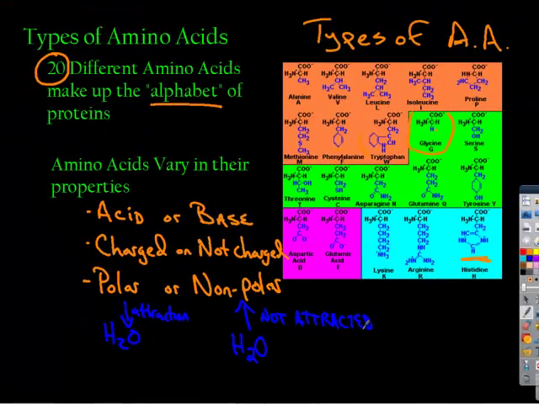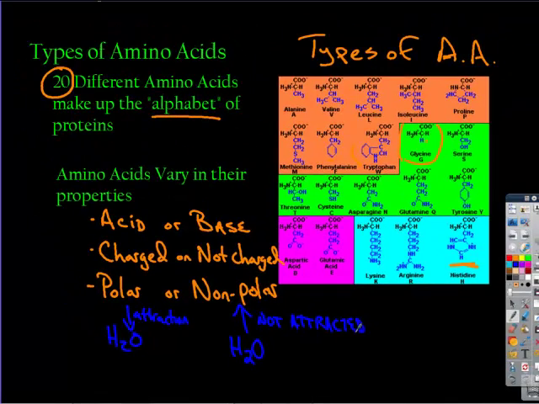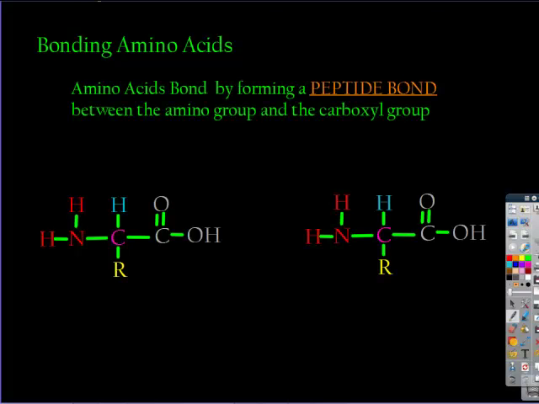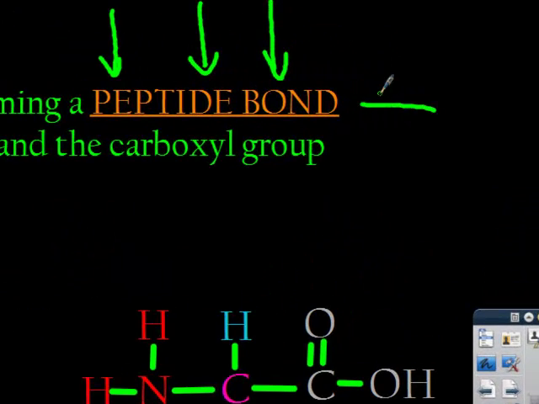Now, if we're going to have proteins, we're actually going to have to bond these things together. So how do we pull amino acids together here? What happens is we're going to bond them by forming what's called a peptide bond. This is a term that you should know. It's a specific kind of bond that forms between 2 amino acids.